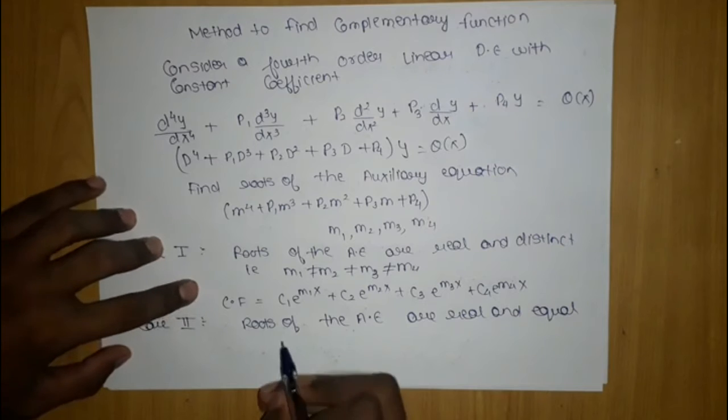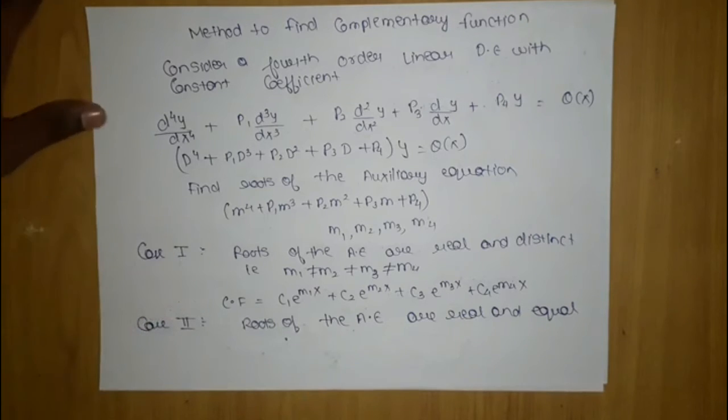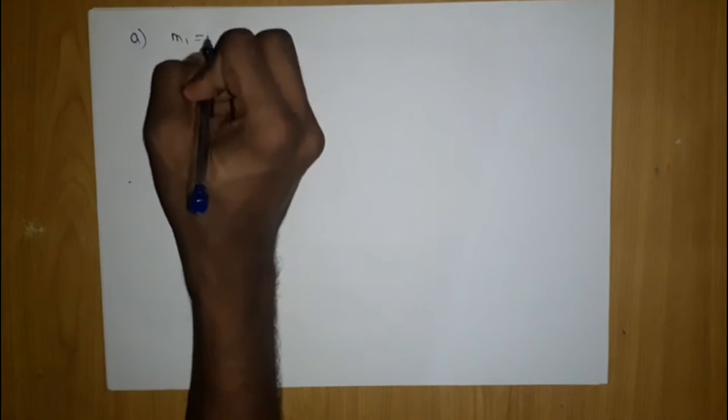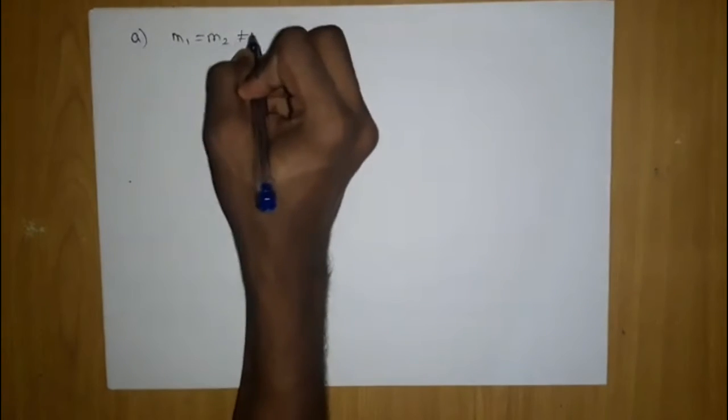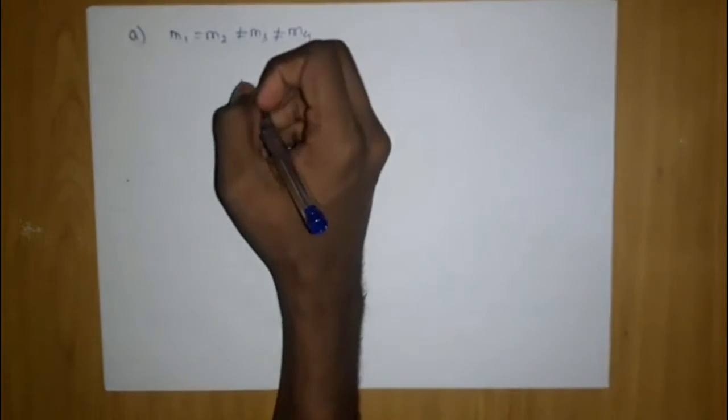There can be many possibilities. 2 can be equal and 2 not equal, 3 can be equal and 1 not equal, or all of them may be equal. So we are going to discuss the first possibility, which is m1 equals m2 but not equal to m3 and not equal to m4. So 2 roots are equal and 2 roots are not equal.